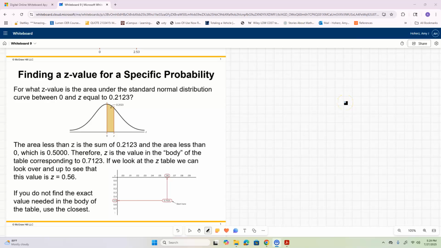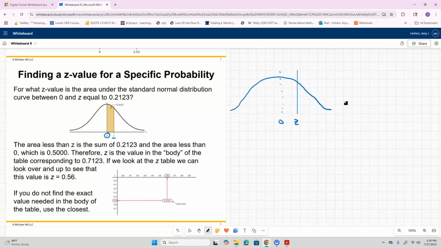So let's look at the situation that we have here. Again, we're going from 0 up to a z-value, so it's kind of like the last problem where we had 0 as one of our values. They're not asking what's the probability between 0 and some z-value; they're going to give us the probability.